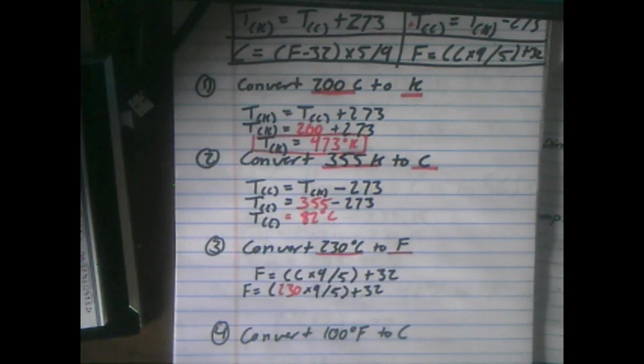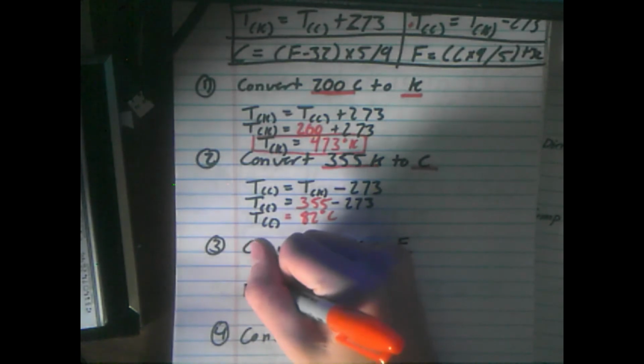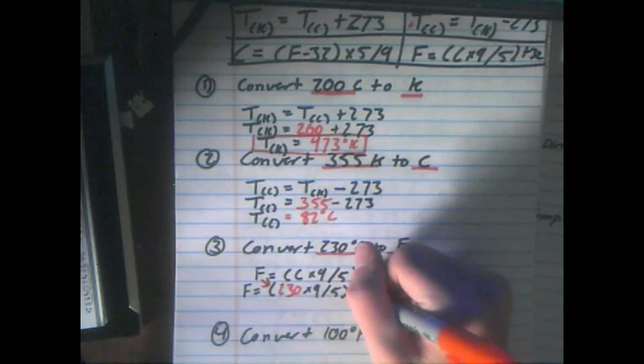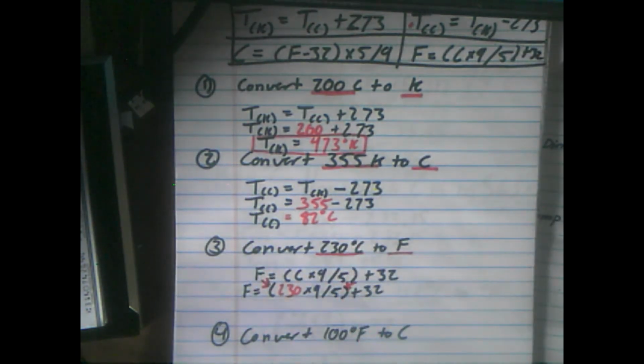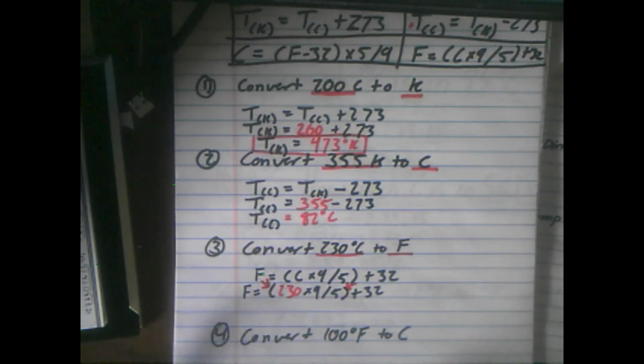Now please, please, please, don't just go through this question and just plug it in. You have to do the parentheses first. Do this part first. So when you do that, you're going to do 230 times 9 divided by 5, and you should get 414.